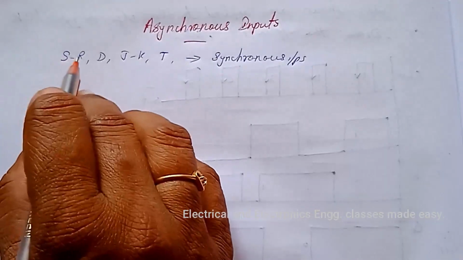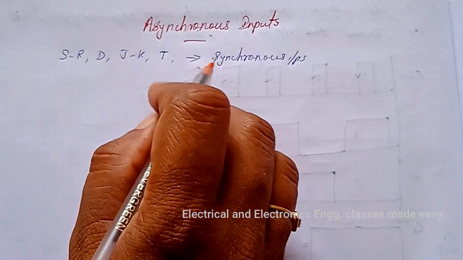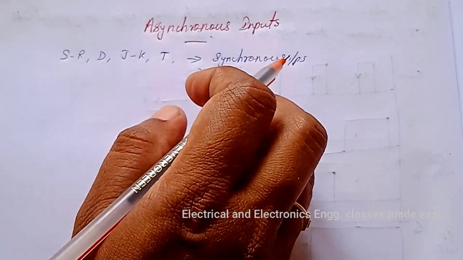That is, SR input, D input, J, K input and T input are called synchronous inputs.